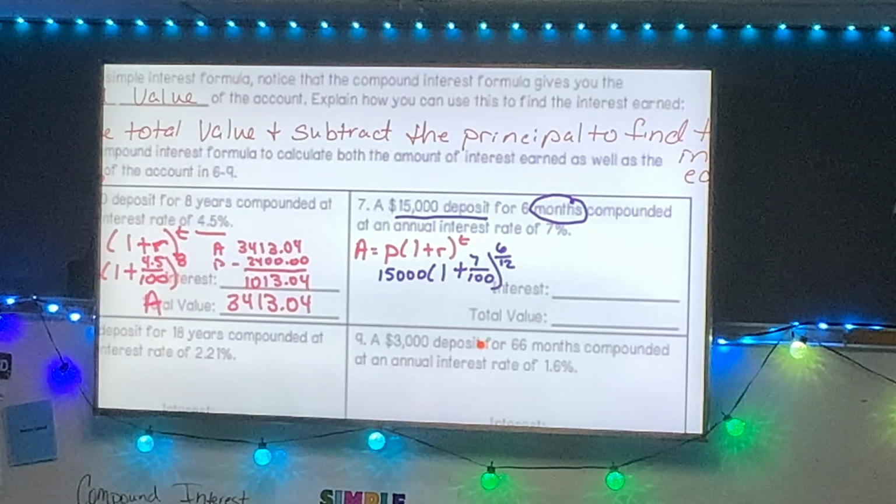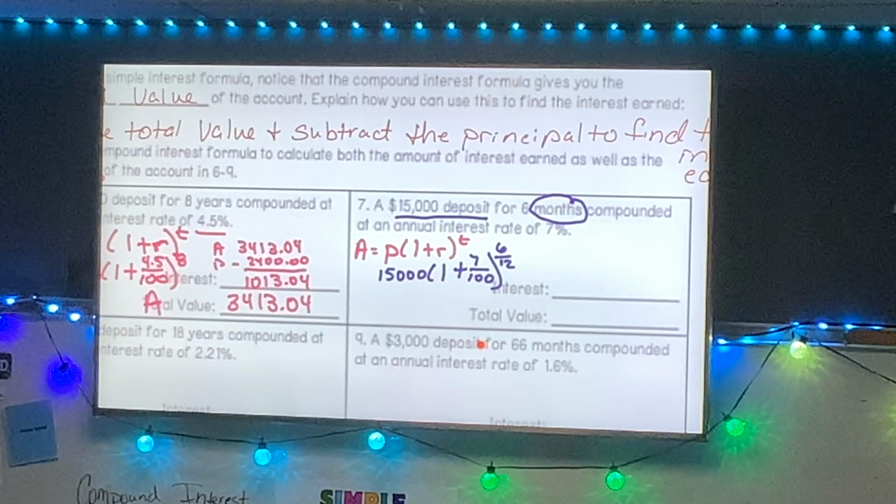So in your normal calculator, you're going to do 15,000. Your parentheses are above your 8 and your 9.